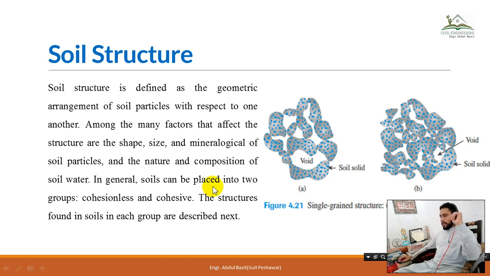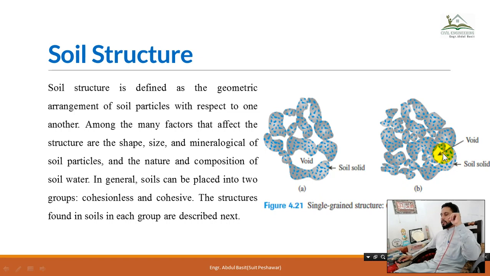Now you can see there are a lot of greater size voids available over here. You can see that this figure A shows the loose soil and this one shows the dense soil.